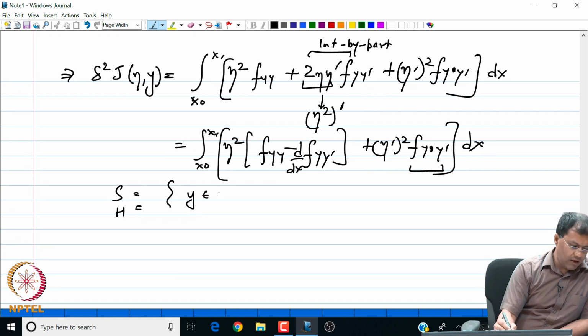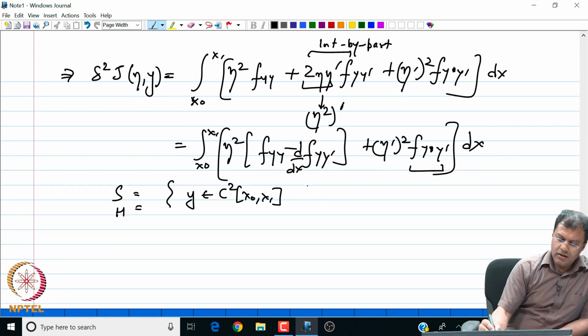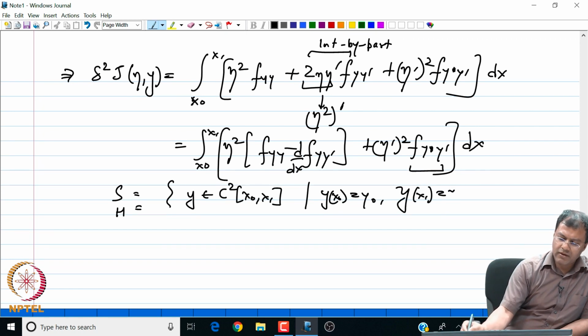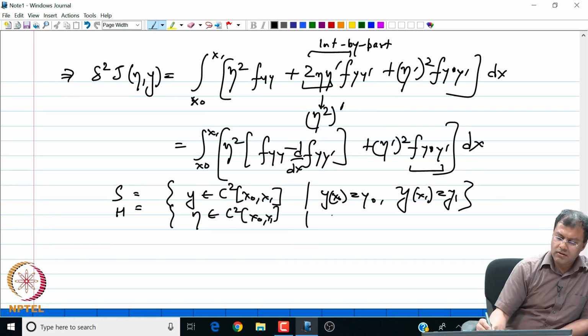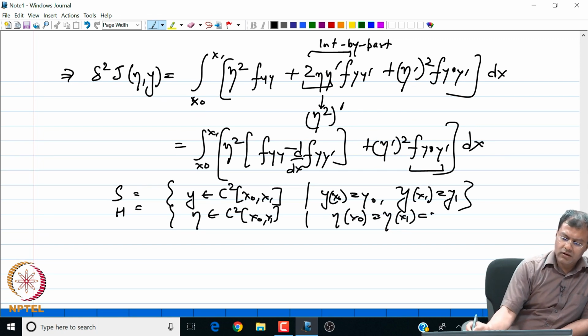It is all y from C2 of x naught, x 1 such that y of x naught is y naught, a fixed point problem, and y of x 1 is y 1. My set H is the set of all perturbation functions such that eta of x naught is equal to eta of x 1 is equal to 0.